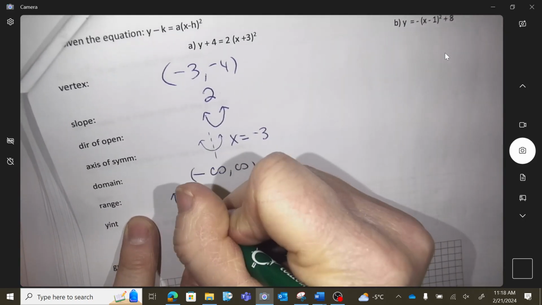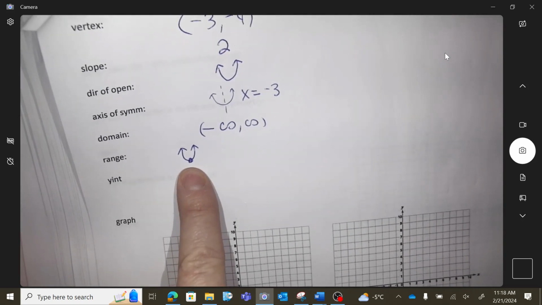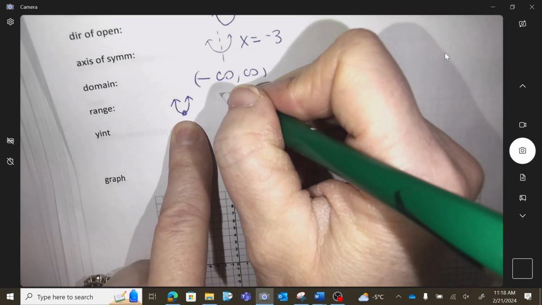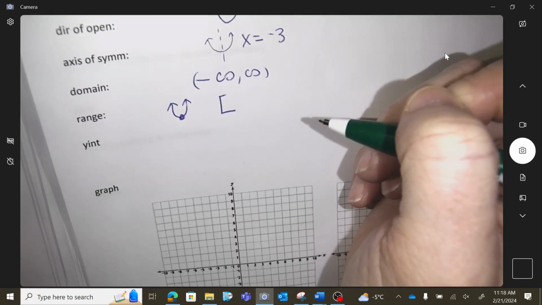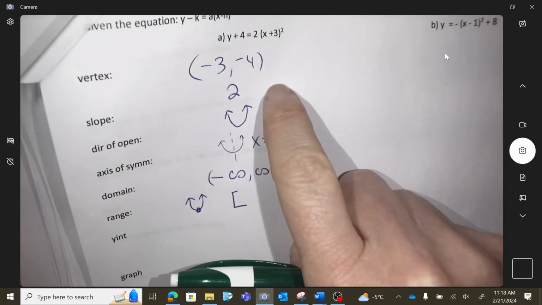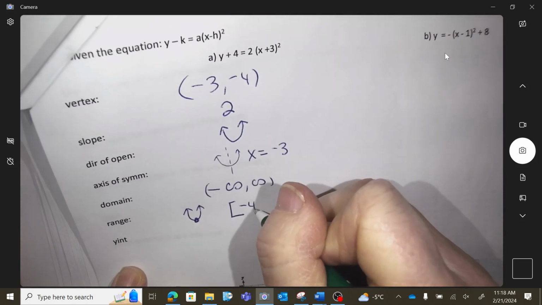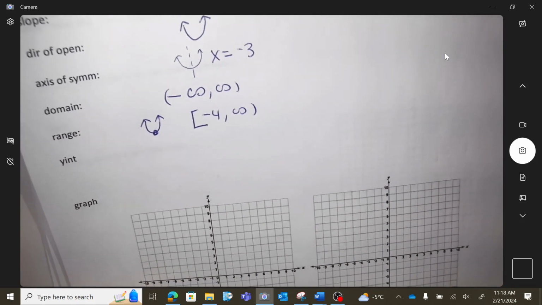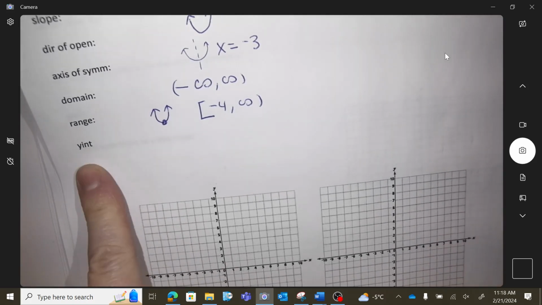So when I do range, I kind of draw my little tiny picture so that I can understand. It's going to go from some number. Where are you finding that number? -4, the height, to infinity. And then the y-intercept.